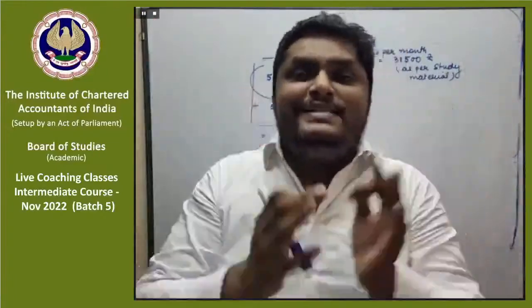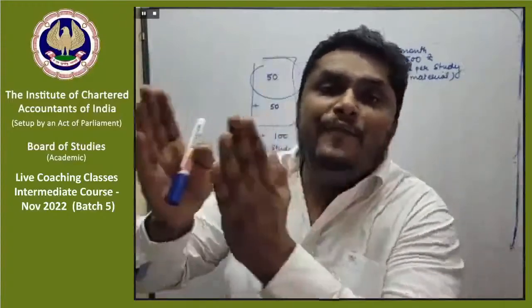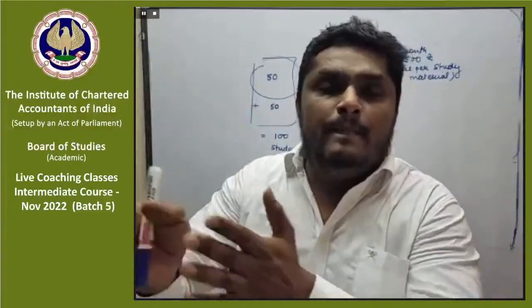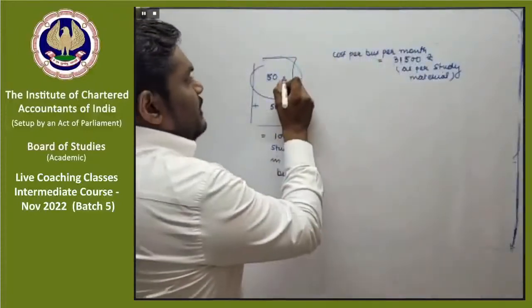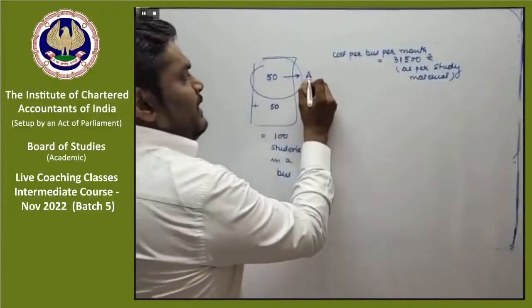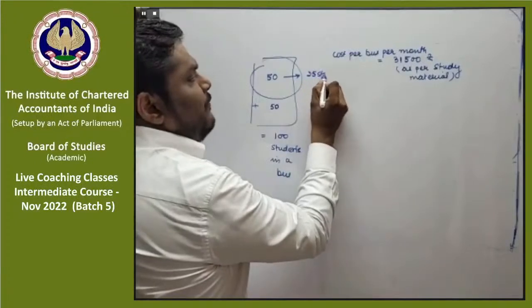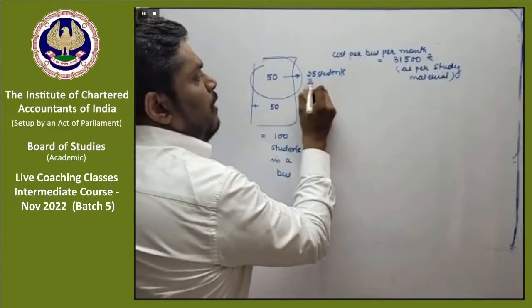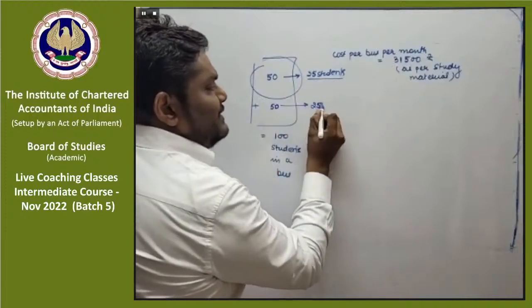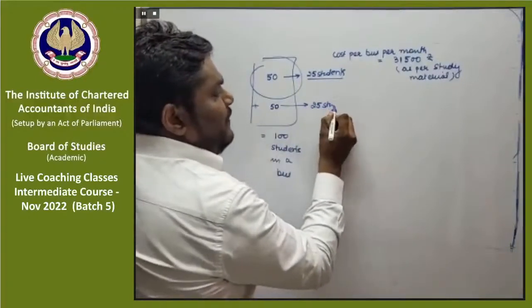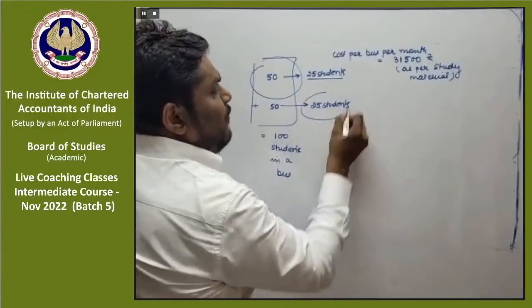And further it is given in the question that half of the students are from up to 4 kilometers. So very simple, out of these 50 morning shift students, 25 students are for up to 4 kilometers, and in the second morning shift also, again 50% students are up to 4 kilometers.